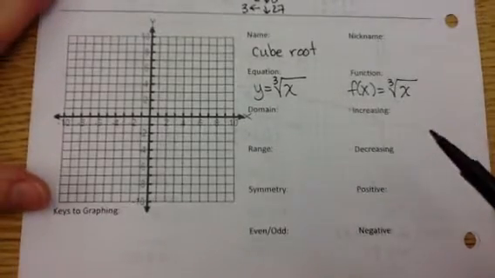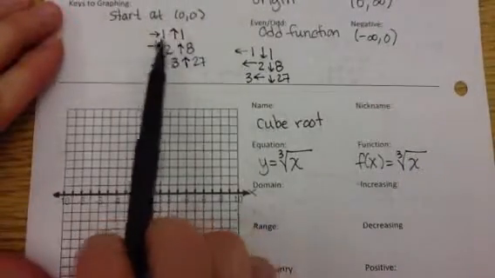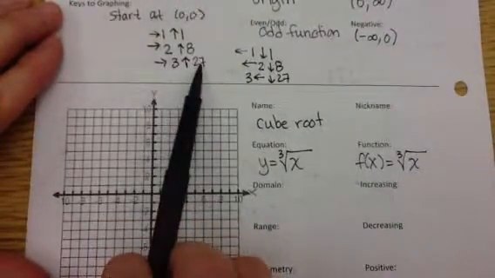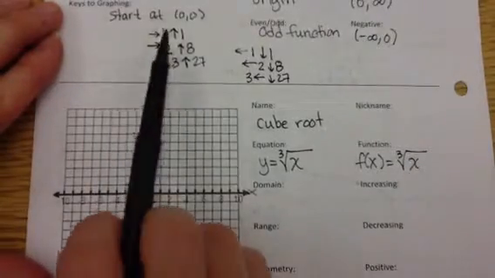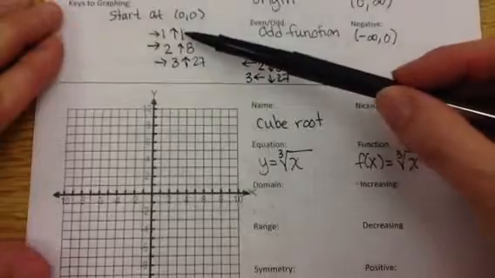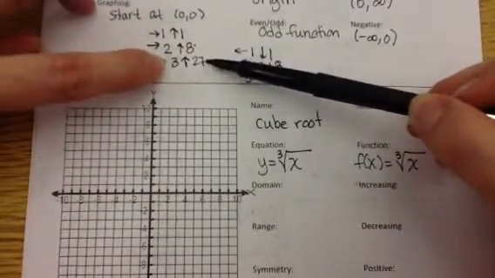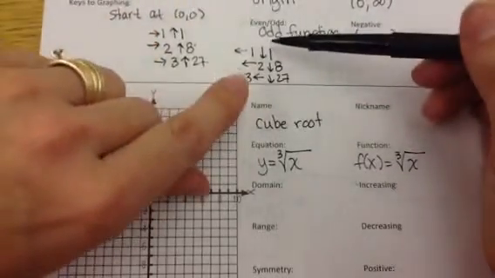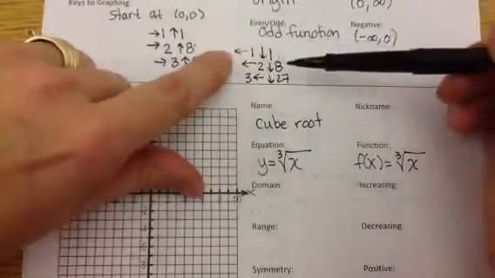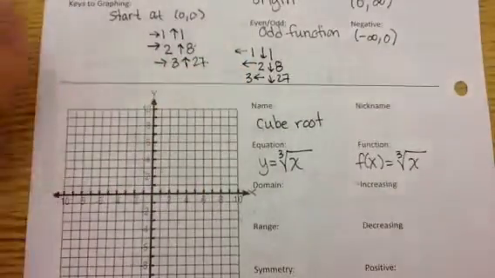So when I looked at the keys to graphing my cubing function, where I went over 1, up 1, over 2, up 8, over 3, up 27, I'm going to be doing the opposite on the cube root. So I'm going to be going right 1, up 1, right 8, up 2, right 27, up 3. And likewise, I will be going left 1, down 1, left 8, down 2, left 27, down 3.